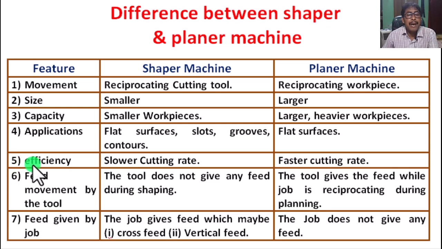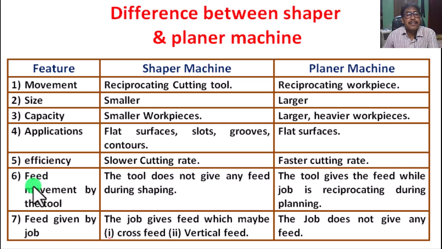Number 5, efficiency. For shaper machine, slower cutting rate. For planer machine, faster cutting rate. In shaper, slower cutting rate, but planer can handle heavier cuts and has a faster material removal rate.